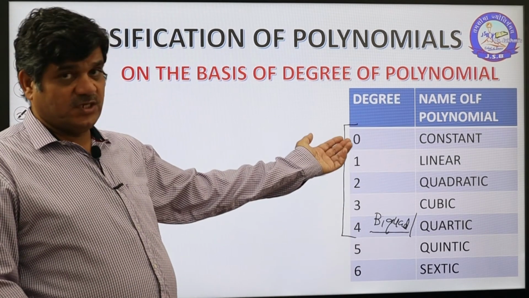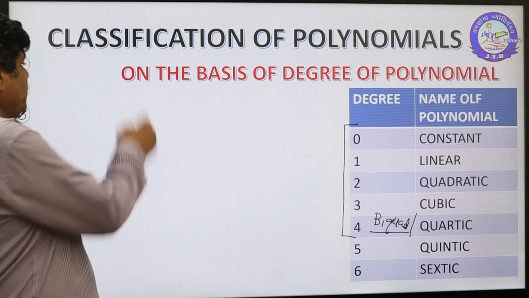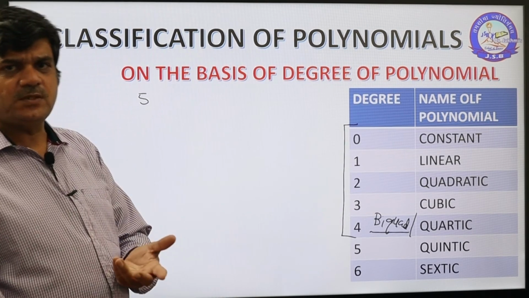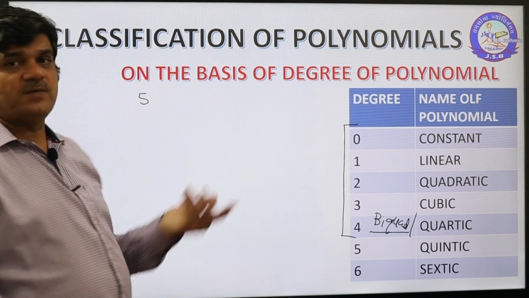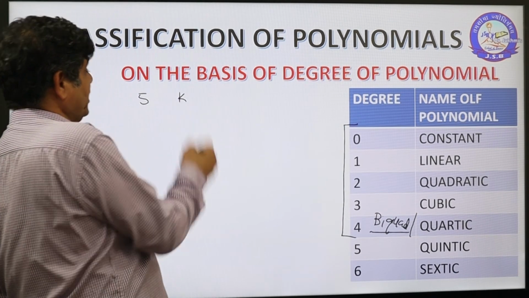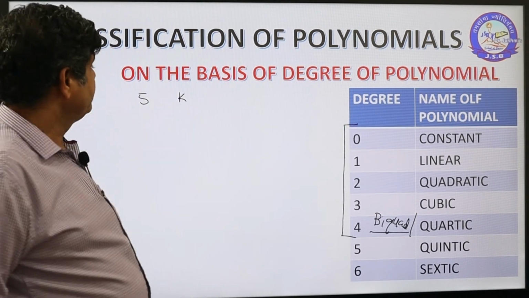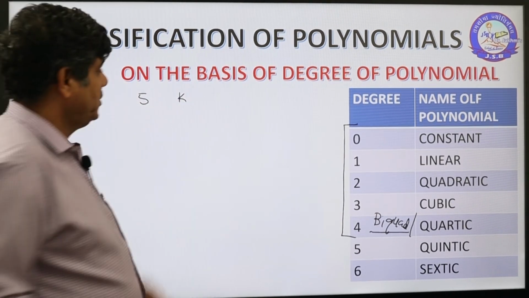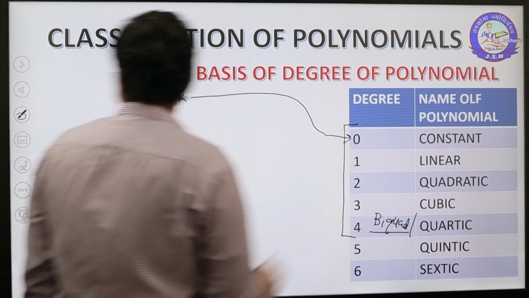So, degree is 0. For example, if I write 5, it's a polynomial whose degree is 0, so this is a constant polynomial. If I say k, where k belongs to the real numbers, this is a constant polynomial. So any polynomial whose degree is 0 is a constant polynomial.